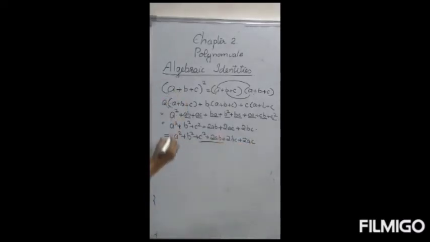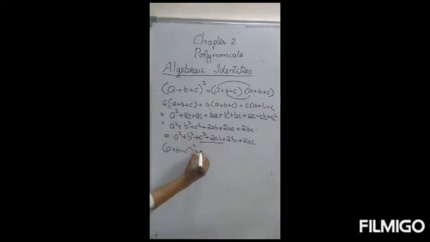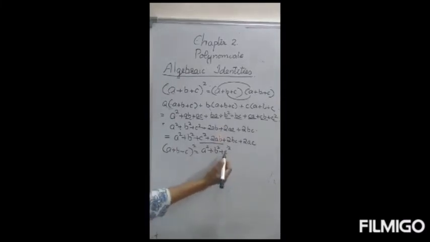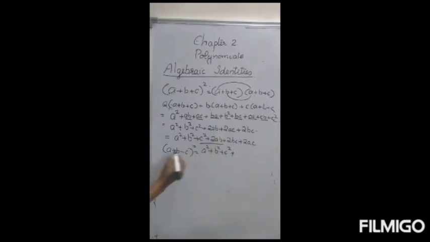Now next, if it comes (a + b - c) whole square, then the first three terms will be same: a² + b² + c². Why is it same? Because minus c square is also plus c². So next is 2ab.